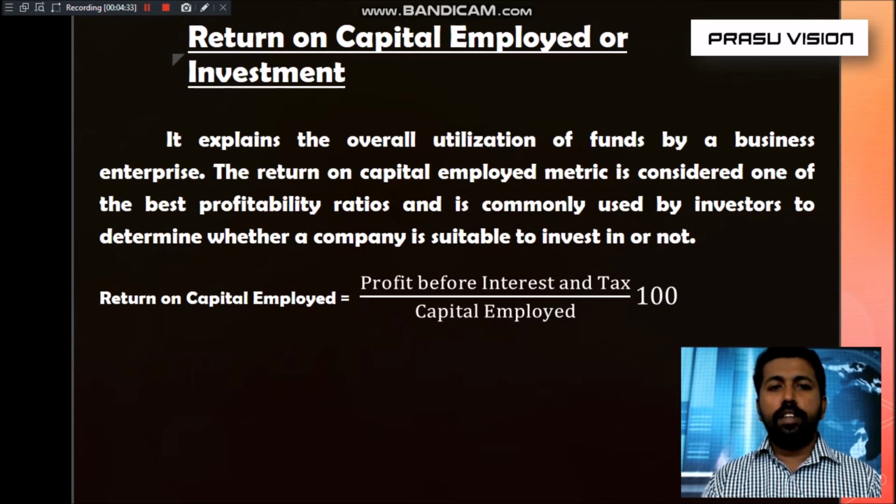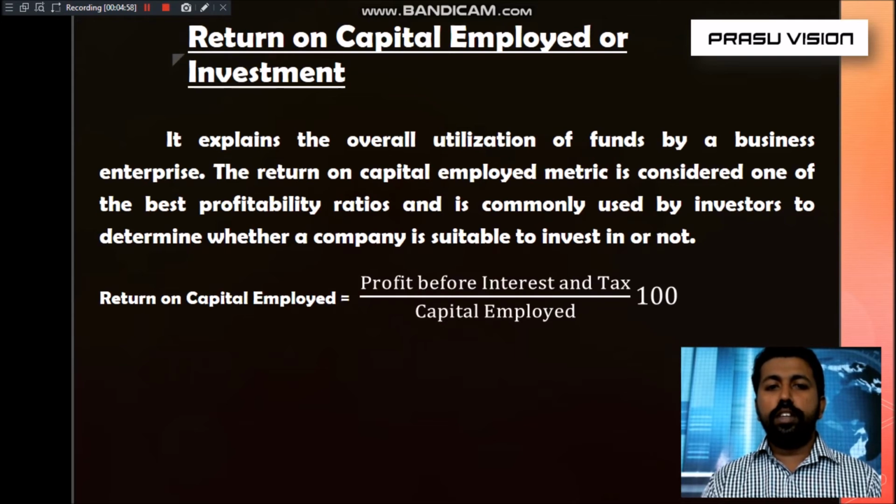Every organization collects funds as capital from different sources, maybe from borrowed funds and owners. Through this ratio, we can analyze whether we are efficiently utilizing the funds collected from different sources.